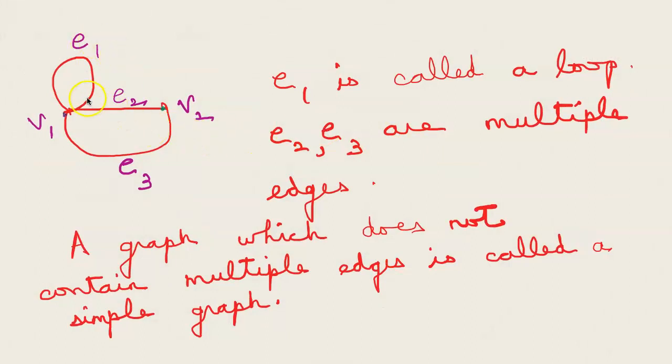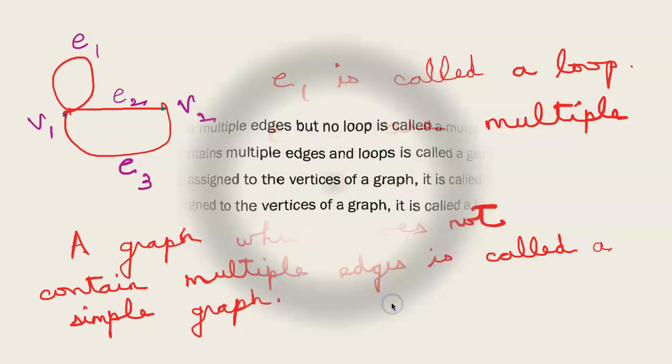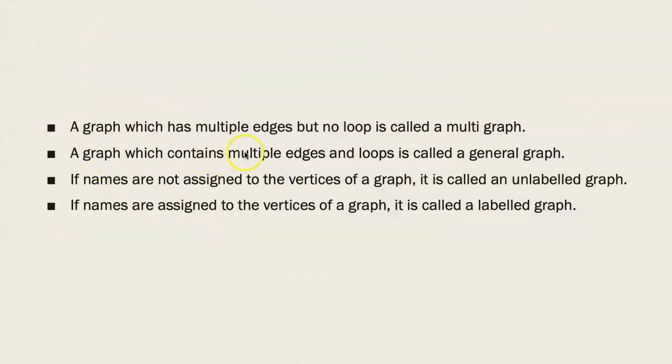So e1 is called a loop. e2, e3 are multiple edges because they connect the same pair of vertices v1 and v2. A graph which does not contain multiple edges is called a simple graph. A graph which has multiple edges but no loop is called a multigraph. A graph which contains multiple edges and loops is called a general graph.